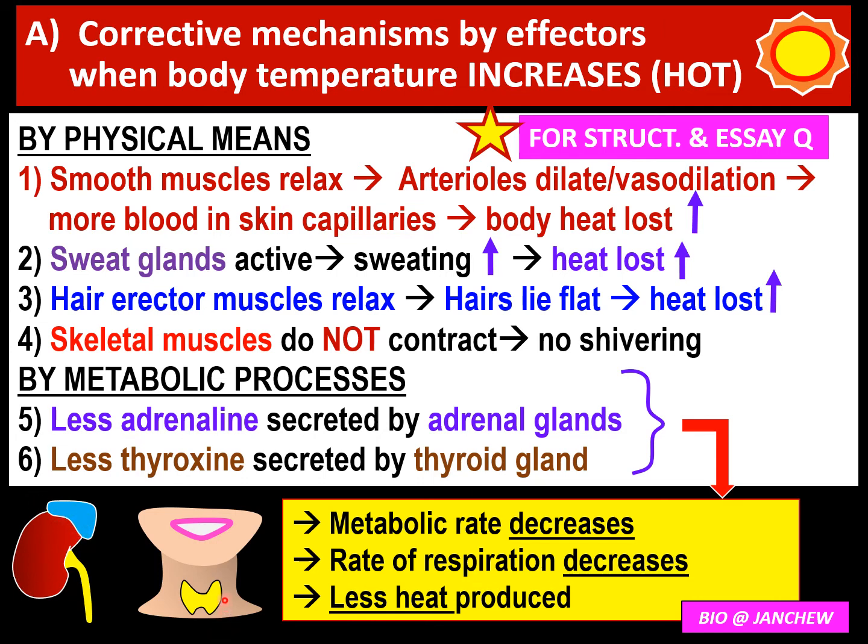Then we have the thyroid gland in the neck region. Adrenal glands will secrete less adrenaline when we are feeling hot, and the thyroid gland will secrete less thyroxine, because these 2 hormones help to increase the metabolic rate. So if there's less adrenaline and less thyroxine in the body, the metabolic rate will decrease.